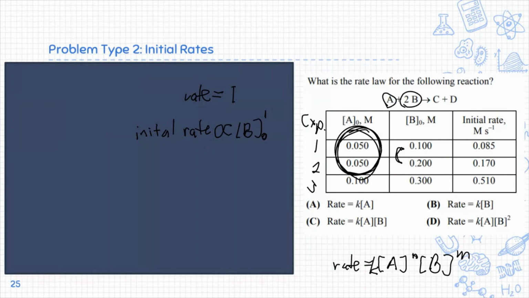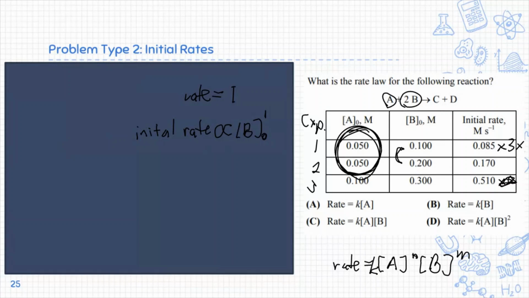Now, here we know that A is multiplied by 2 times and B is multiplied by 3 times. So we already know that this initial rate is going to be multiplied by 3 because the concentration of B is already in first order.